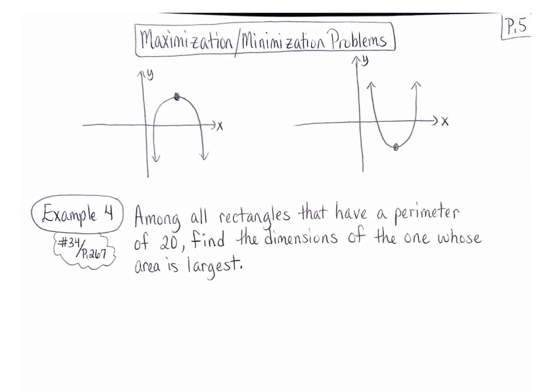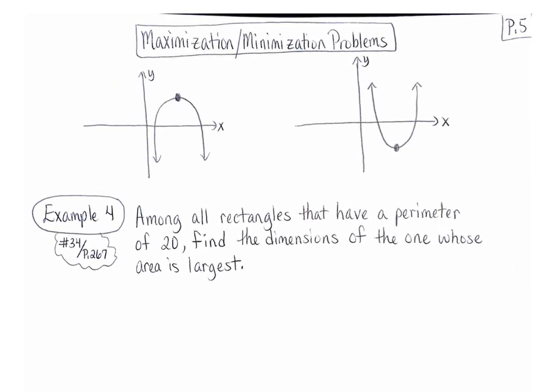Maximization and minimization problems. Whenever you have a parabola facing down, your vertex is going to be a what? If we're talking about maximization and minimization, is this going to be a max or min? A max, because it's the highest point. So our vertex would be a maximum.